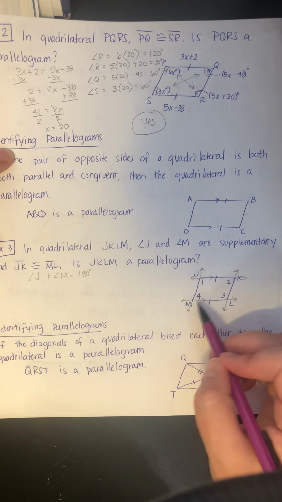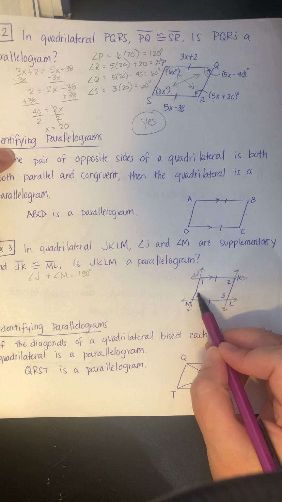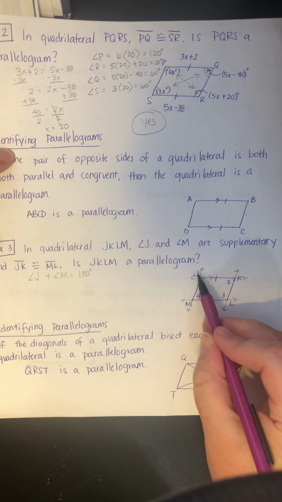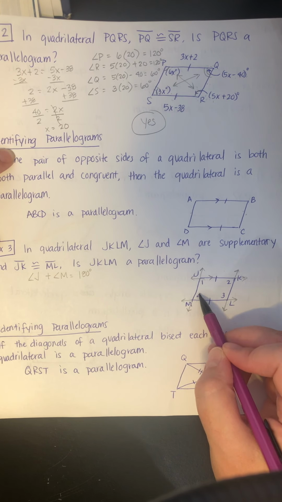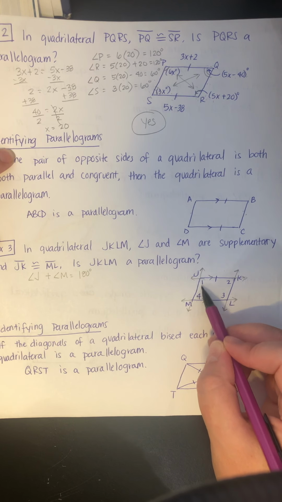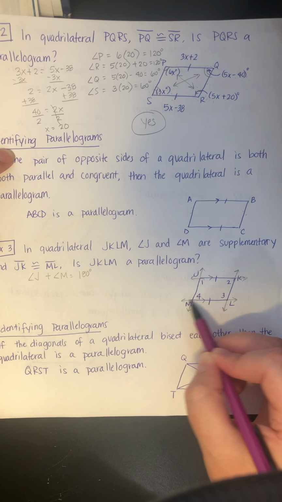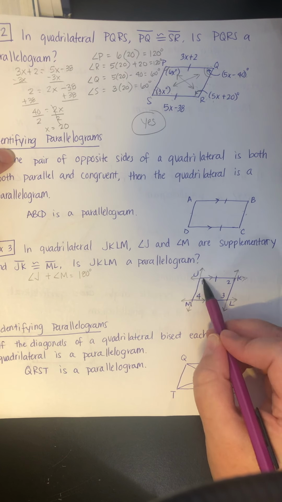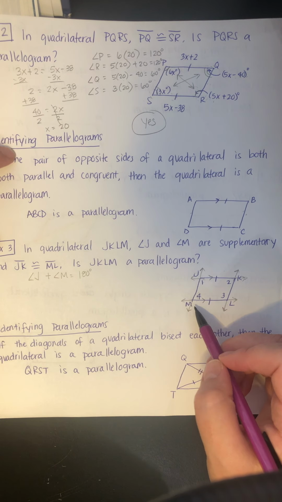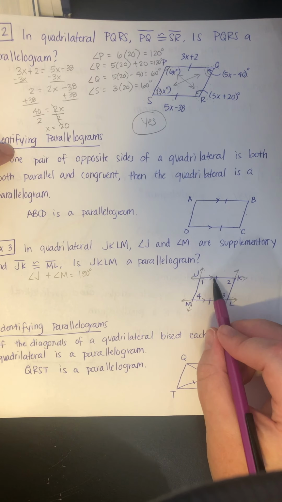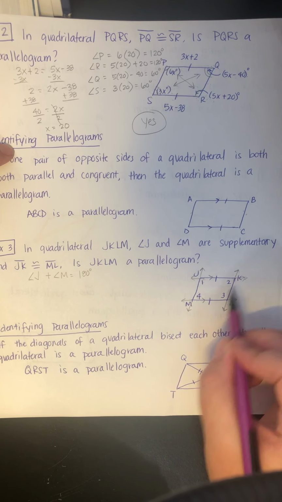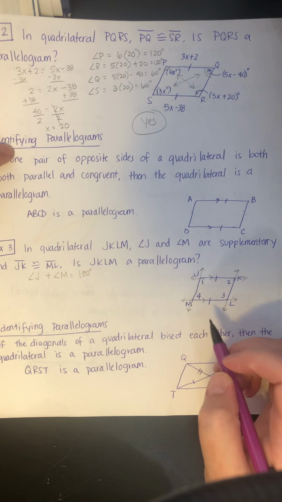So these guys are the transversals because angle 1 and angle 4, or angle J and angle M, are on the same side of the transversal and they're on the inside. So it's like they're in between this line and the transversal. They're both on the same side and interior angles. Then we can say that JK and ML are also parallel.